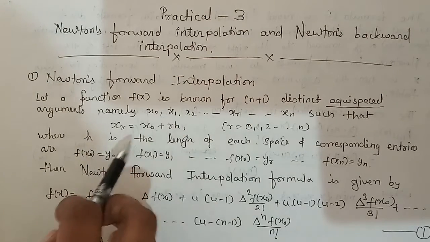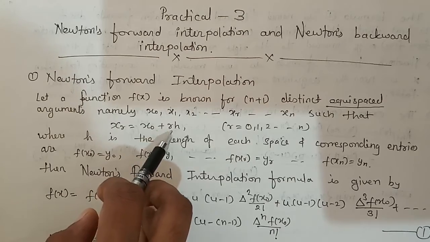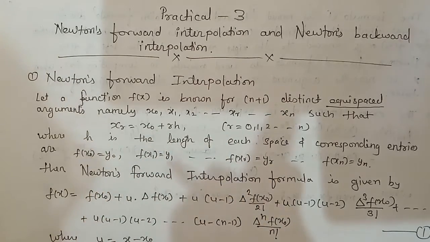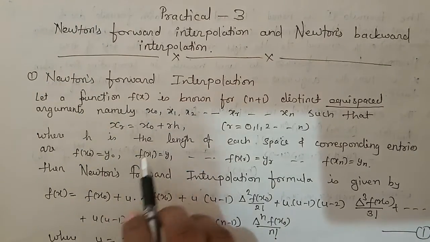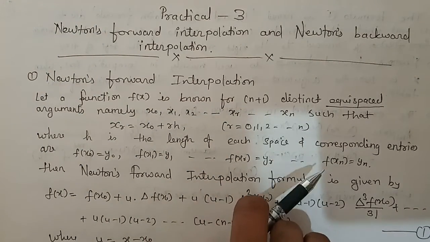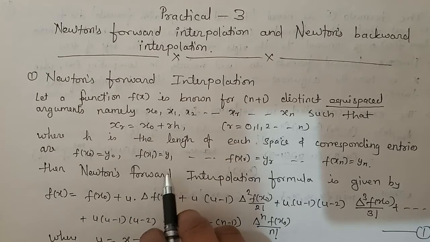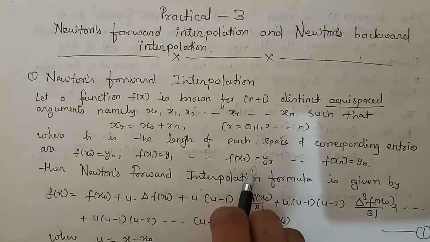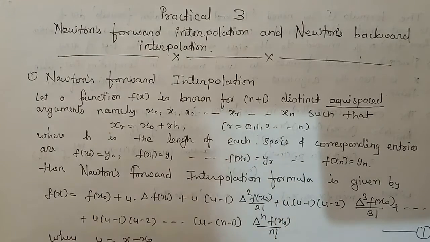So these are the arguments and we have to find xr. xr is nothing but x0 plus rh, where r is a value from 0, 1, 2, 3 up to n, and h is the length of each space. Corresponding entries are f of x0 equal to y0, f of x1 equal to y1, f of xr equal to yr, and so on, f of xn equal to yn.